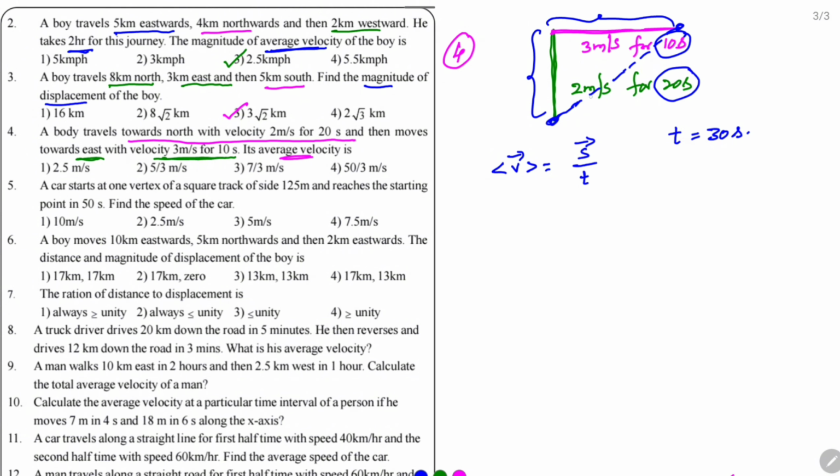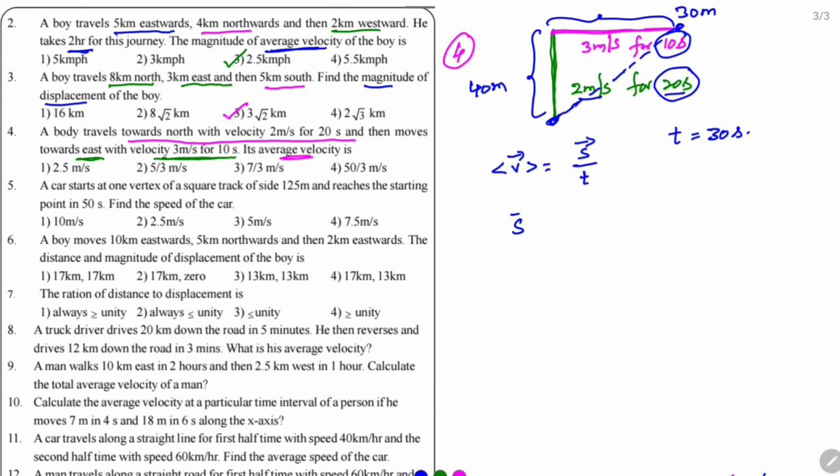So we know speed and time. So this distance will be speed times time, which is equal to 40 meters, and this distance, 3 meter per second for 10 seconds, which is equal to 30 meters. All right.